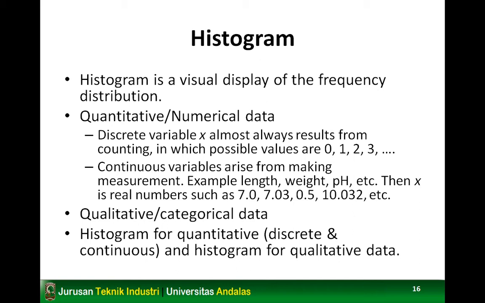So with counting data, you cannot have -1, -1.5, you cannot have 10.5, 0.5, 3/4, 7/6. No, you cannot have that in the counting data. An example of counting data is the number of defects that we find from a batch of products. So we may have 0 defect, 1 defect, 2 defects, 3 defects, 4 defects, and so on and so forth.